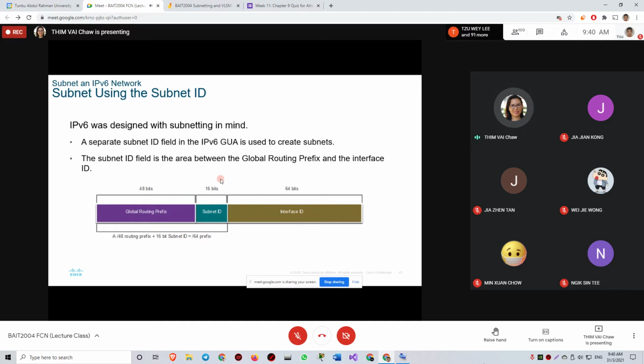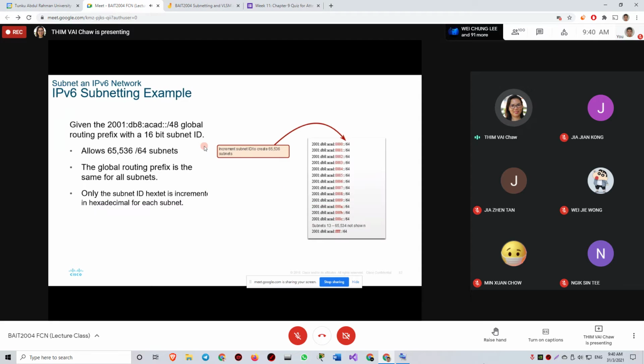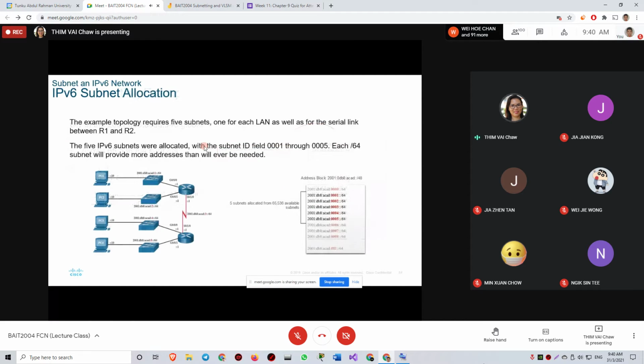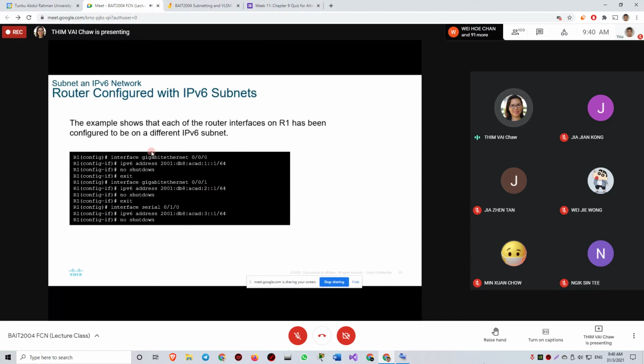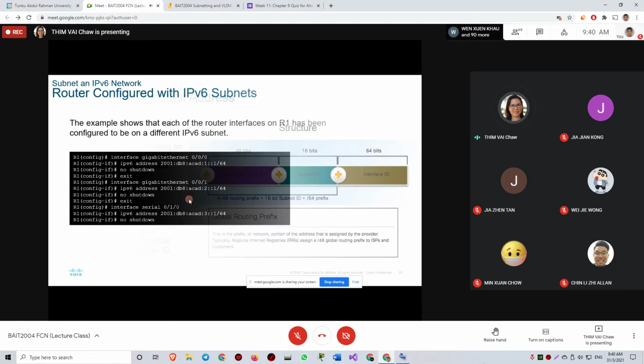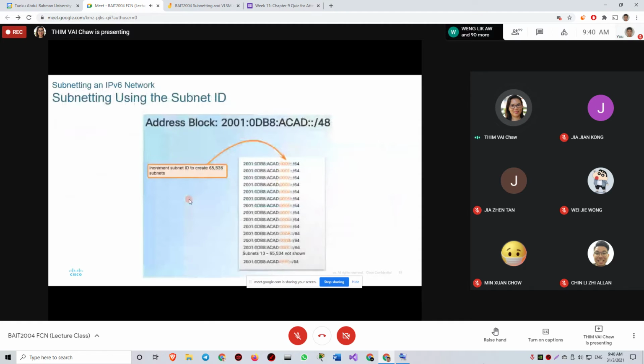Just for your knowledge, in your final exam or in your practical test, they won't ask for IPv6 calculation. This is just for your idea that they can do subnetting. The diagram is the same, but the difference is the value is a hexadecimal value. Then you do a configuration according to the subnet value that you have been given.